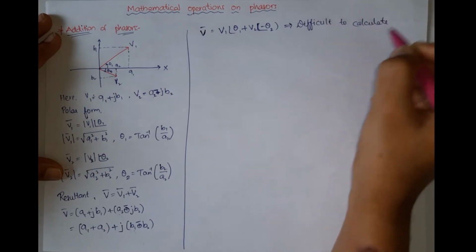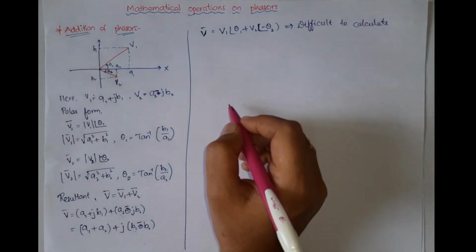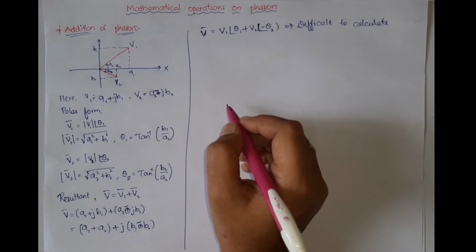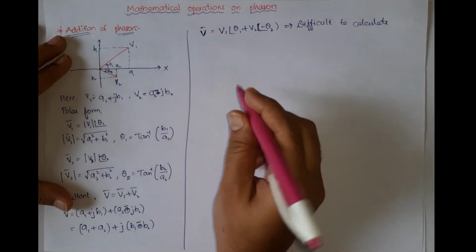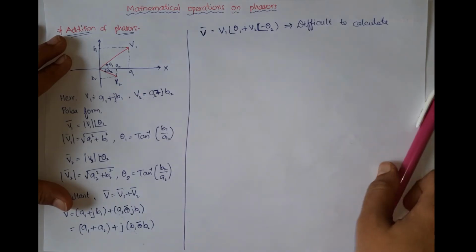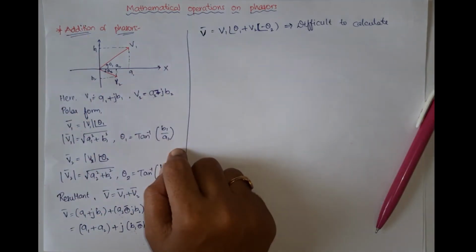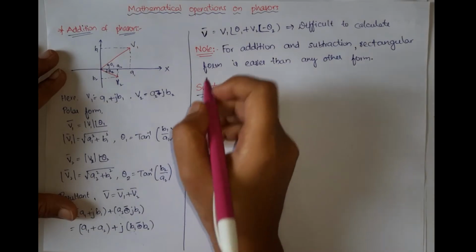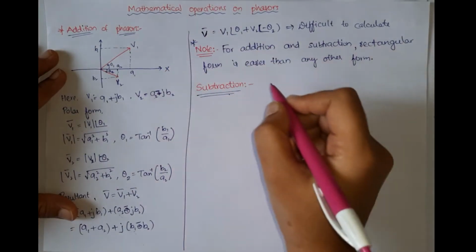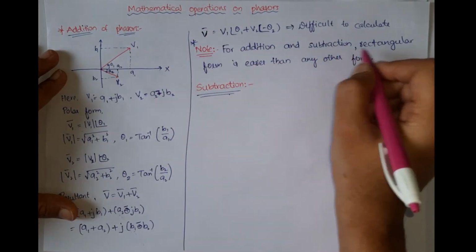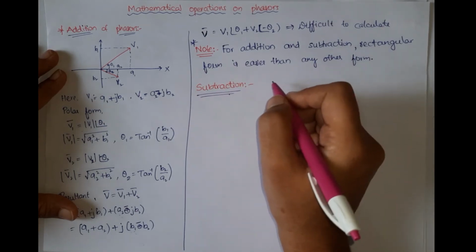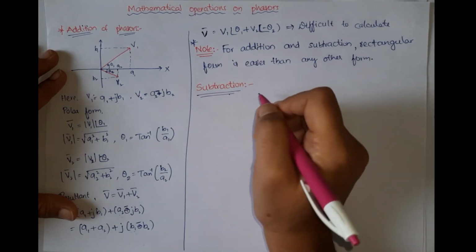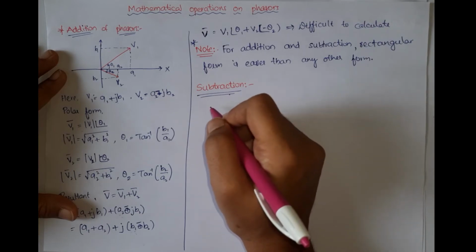So whenever you need to add or subtract two different phasors, we go for rectangular form. Let me write down a small note here. A very important note: for addition and subtraction, rectangular form is easier than any other form. So we go for addition or subtraction in rectangular form.